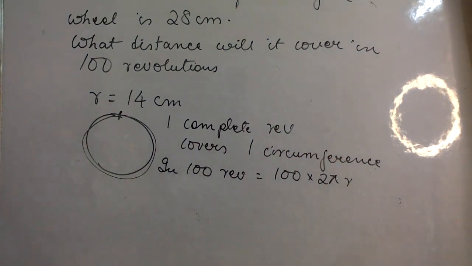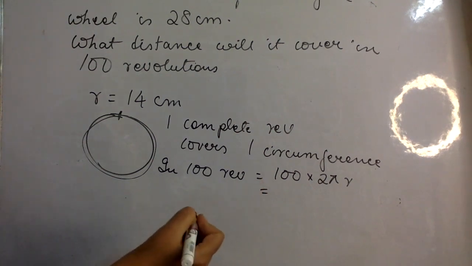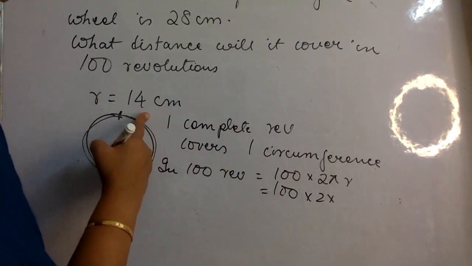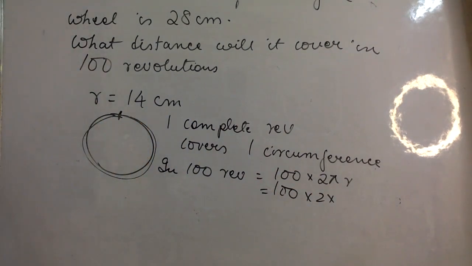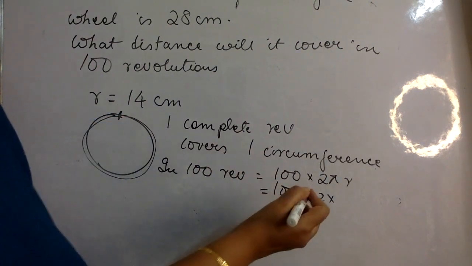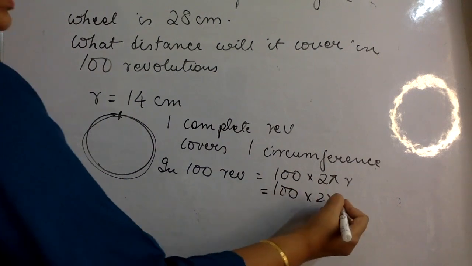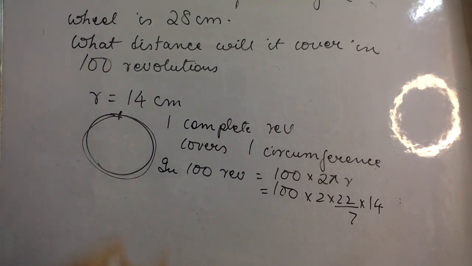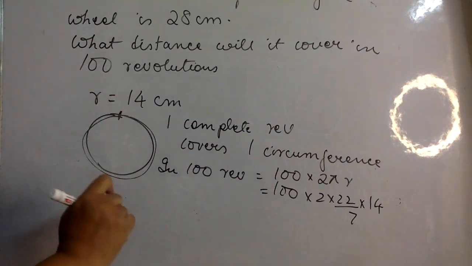So it is 100 into 2 pi r, that is 100 into 2 into pi, where pi is 22 by 7 and r is 14. Since in this question they didn't tell what to take pi as, we are going to take 22 by 7.